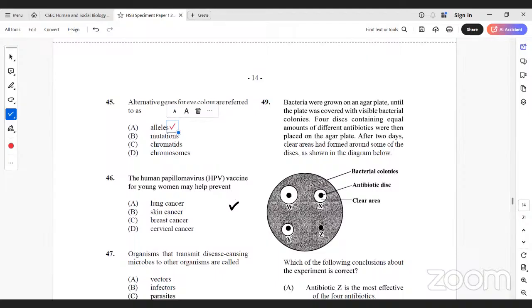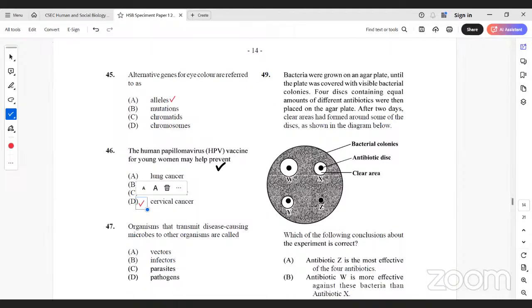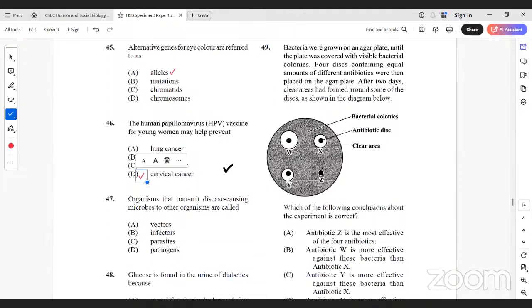Which one of these is a reproductive cancer in women? I hope you are thinking cervical cancer. Right? Cervical cancer. It helps prevent that.